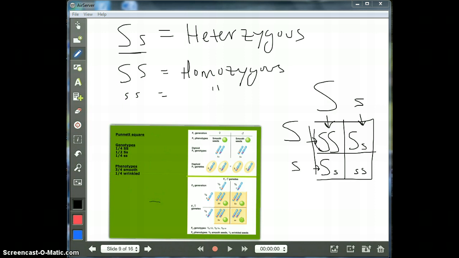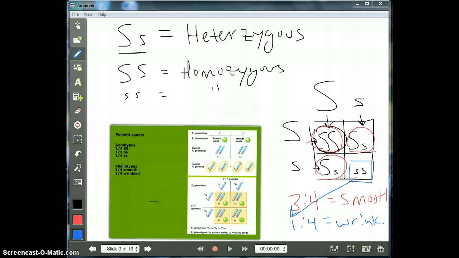This box has a capital S, this one has a capital S, that one has a capital S. So 3 out of the 4 are going to be considered smooth, because that is the dominant trait. This one is not, so 1 out of 4 is wrinkled.